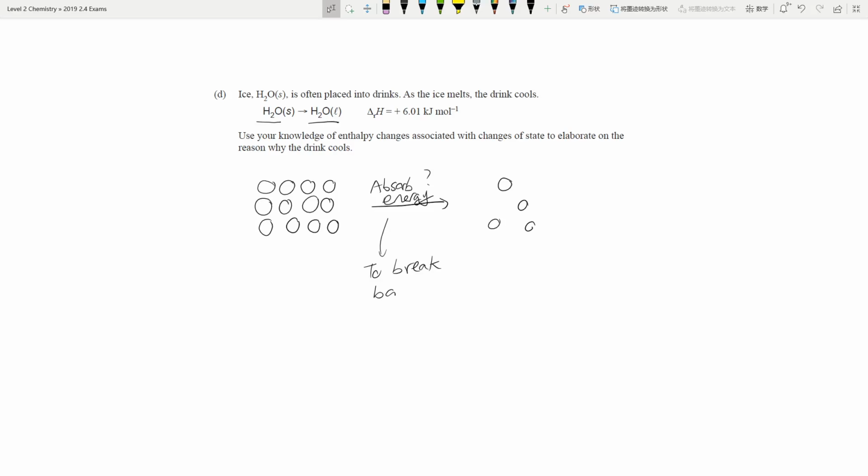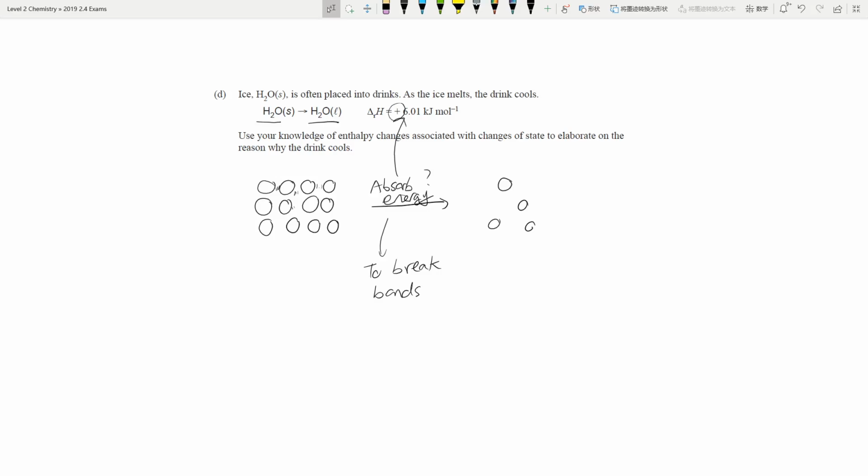We always go bonds breaking, bonds making for endothermic, exothermic, and I hate that name because you're technically not breaking bonds, but let's just go with the flow here. Because we need to break some of these bonds, not all of them, sorry, if you broke all of them, then it turns into a gas, but you're breaking some of the bonds here, so you have to absorb energy, and this is confirmed by your positive change of enthalpy.